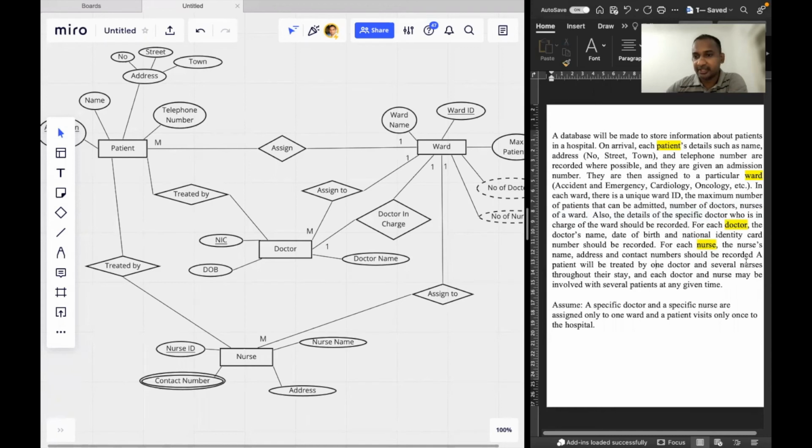Here you can see in the scenario, a patient will be treated by one doctor and several nurses. If you take the doctor, one patient will be treated by only one doctor. Therefore, the cardinality for this side is 1.